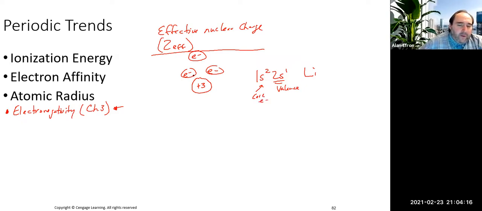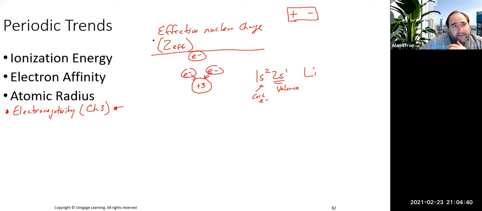When we talk about our core electrons, these 2 electrons here, they are feeling the full brunt of that positive charge. One thing about positive and negative charges is that they are attracted to each other, but the attraction gets even greater when the charges get larger.